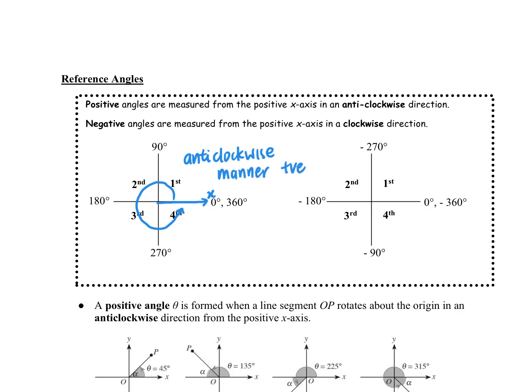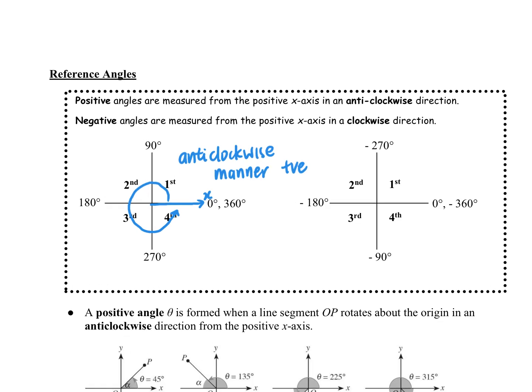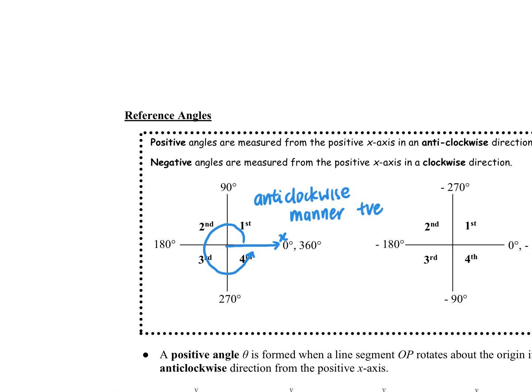So starting from 0, when I increase my angle, from maybe 20, 30 until 90, then 180, 270, 360, it is all positive.